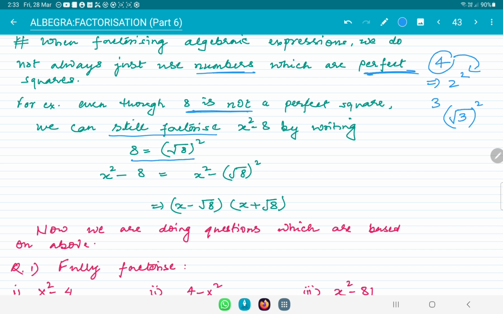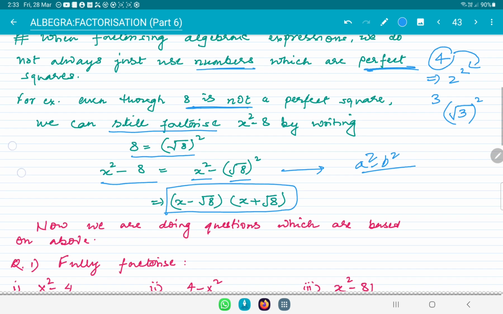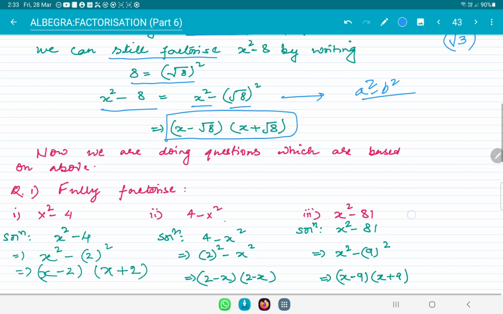Since 8 can be written as root 8 whole square, if they give you x square minus 8, x square stays as it is and 8 changes to root 8 whole square. Now it is in the form a square minus b square, and as we know a square minus b square equals a minus b into a plus b. So x square minus root 8 whole square can be expressed as x minus root 8 into x plus root 8. Clear?